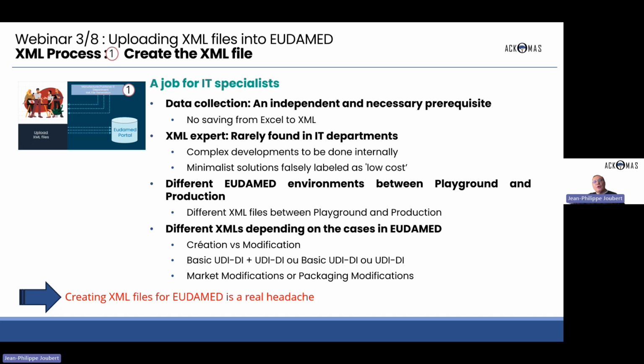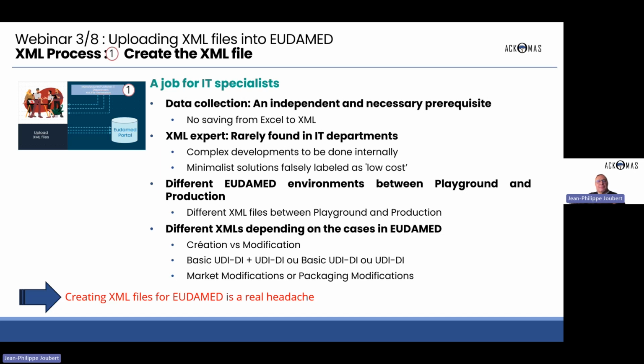And there is an even more restrictive point. Unfortunately, unlike GUDID, you remember the US regulatory database, there isn't just one XML format, but several XML formats with EUDAMED. You have different formats, for instance, for creation and modification. You have different formats if you handle the Basic UDI-DI and UDI-DI versus UDI-DI alone.